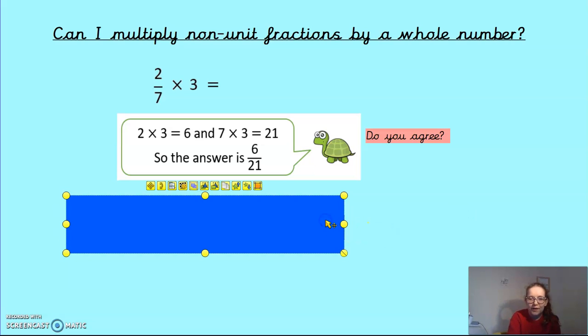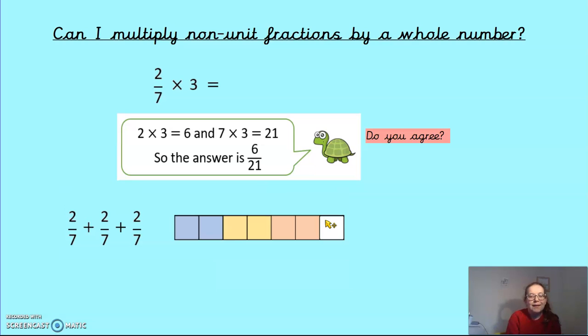Okay, so let me reveal this working out in 3, 2, 1. I do not agree with my turtle friend because when we're doing multiplication, remember that our denominator does not change. It does not get bigger when we times it. So what we're actually doing is the same as adding 2/7 and 2/7 and 2/7.